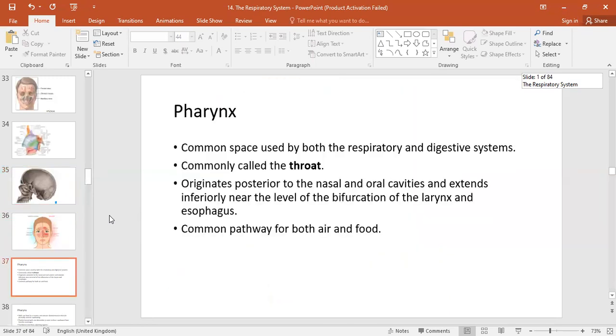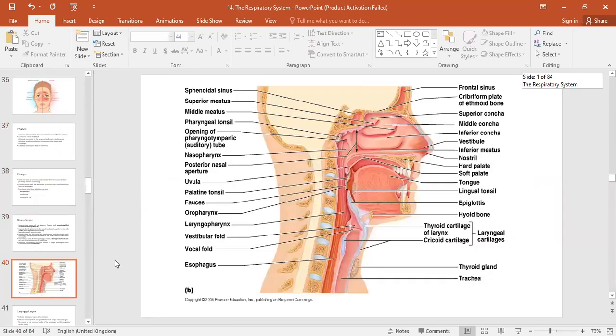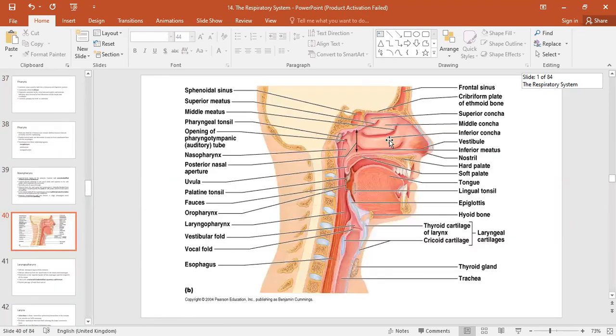Okay, next we look at the pharynx. So the pharynx is just a tube divided into three parts: nasopharynx, oropharynx, and laryngopharynx. The nasopharynx is posterior to the nose, the oropharynx is posterior to the mouth, and the laryngo or hypopharynx is posterior to the larynx here, and it's a common passage for food and air.